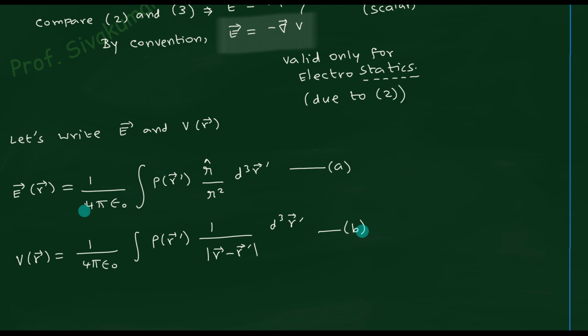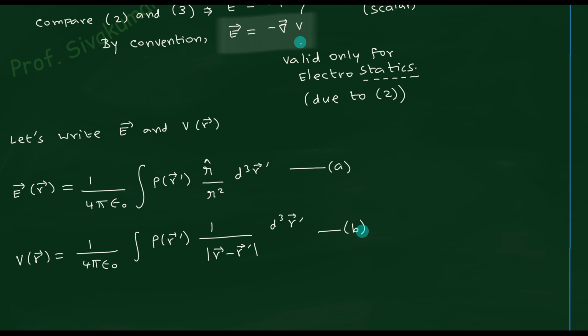So you can easily understand that based on this kind of expression, Coulomb's law can be written in two ways. Either you write it in terms of the electric field, or you can also write it in terms of the electric potential.